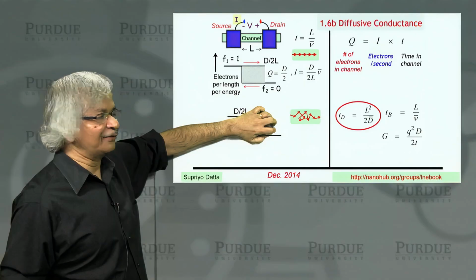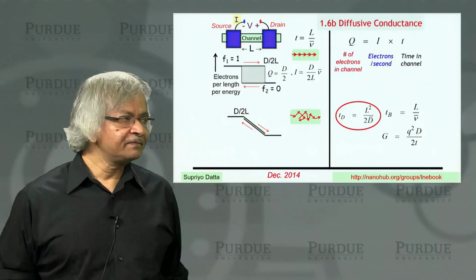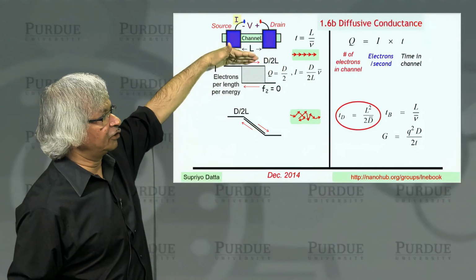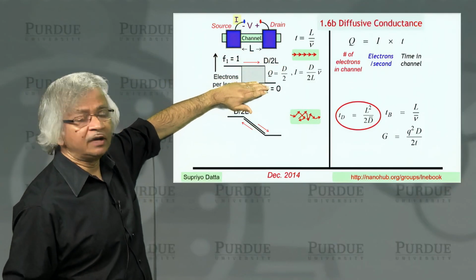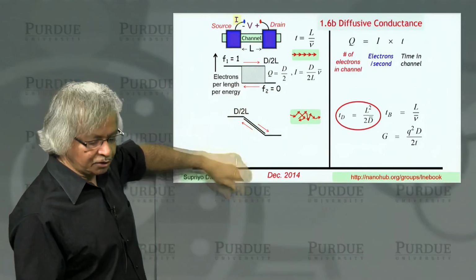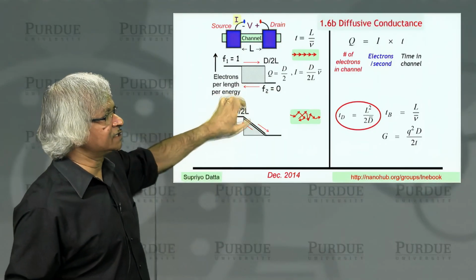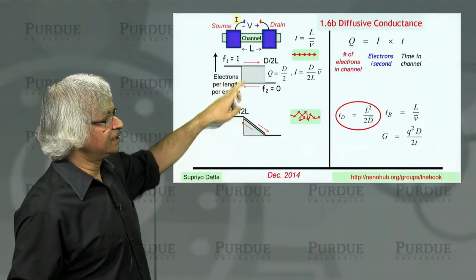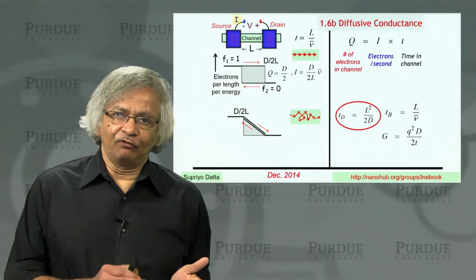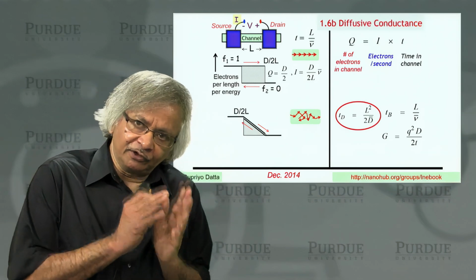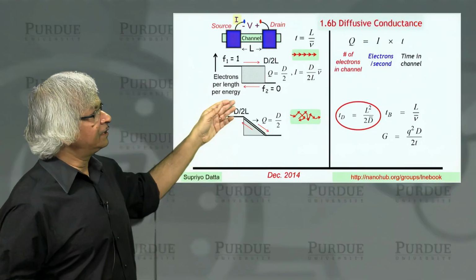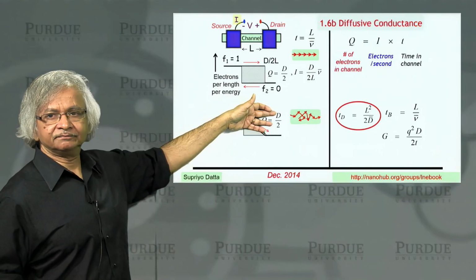Here you had a certain number D over 2 for northbound lanes, and 0 for the southbound lanes. Here, north and south are equally occupied, but each one is only half as much because instead of a rectangle, it's like a triangle. So when you look at the area, you get D over 4 for northbound lanes and D over 4 for southbound lanes. And when you add it up, the charge is still the same, D over 2.